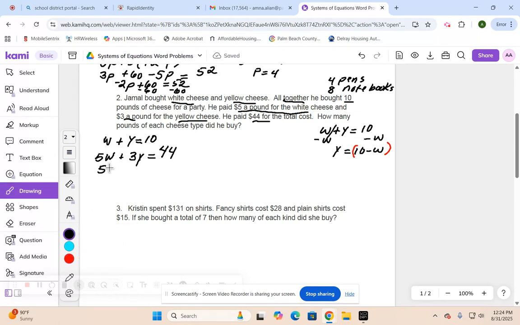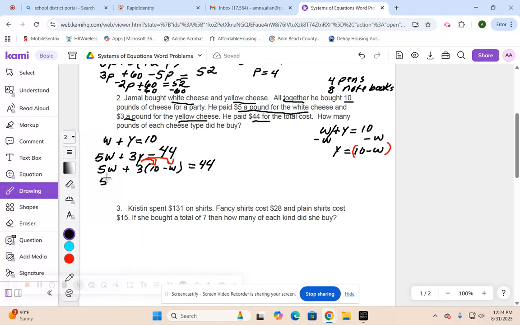So 5W, copy that down, plus 3 times, okay, the replacement for Y is 10 minus W, equals 44. All right, let's simplify by distributing. We will distribute here, and we will distribute here.